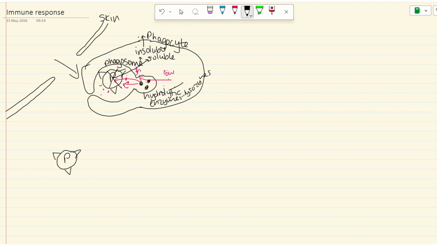Now, let's go back to this antigen. When the pathogen is broken down, antigens are taken and presented on the surface of the phagocyte. The phagocyte has molecules on it that are like receptor molecules.